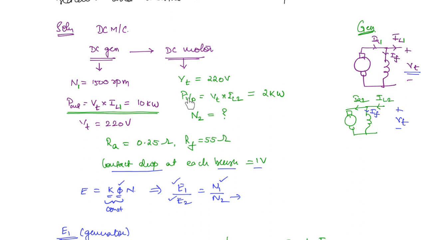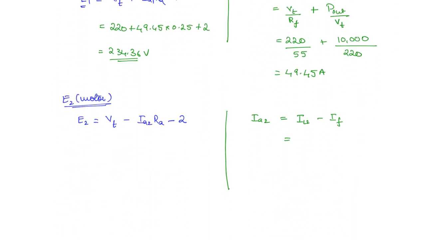So IL2 will be P input by Vt. So you write here P input divided by Vt minus Vt by Rf. So this is equal to 2000 divided by 220 minus 220 divided by 55. So if you calculate, you're going to get 5.09 amperes.